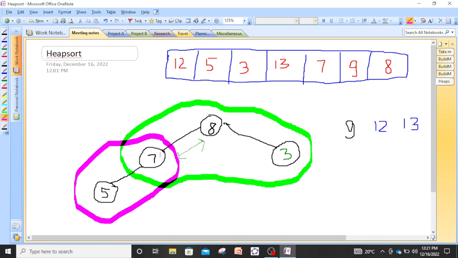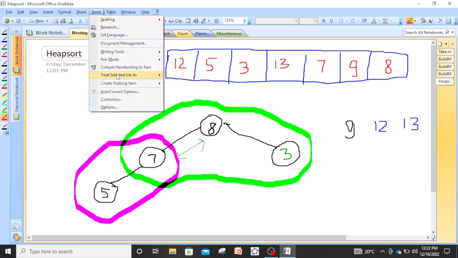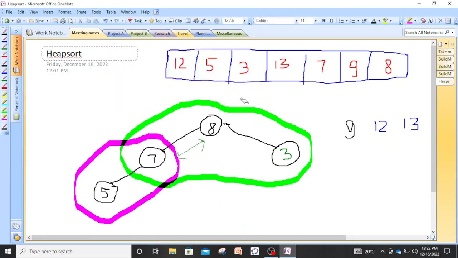So there is no more work. The root node has been max heapified. So I remove both the enclosures now. These were drawn only to make you understand.